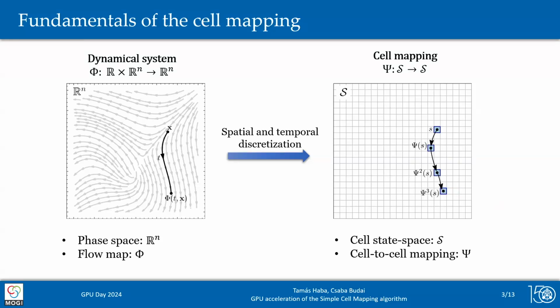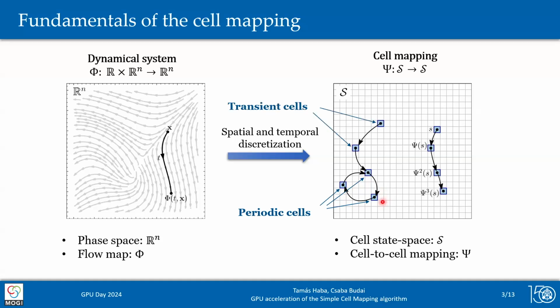The goal is to solve a cell mapping. By solving a cell mapping, I mean we want to find periodic solutions and transient cells leading to the periodic solutions. Another goal is to identify the different periodic groups.